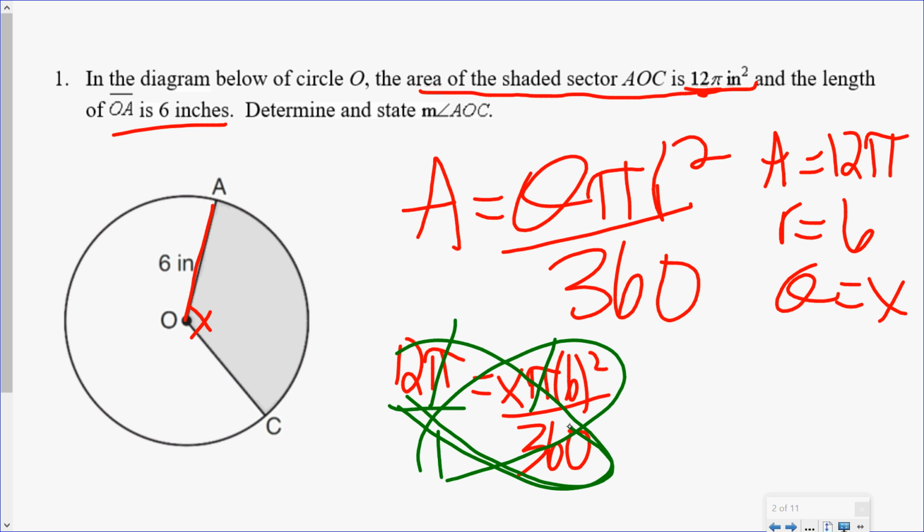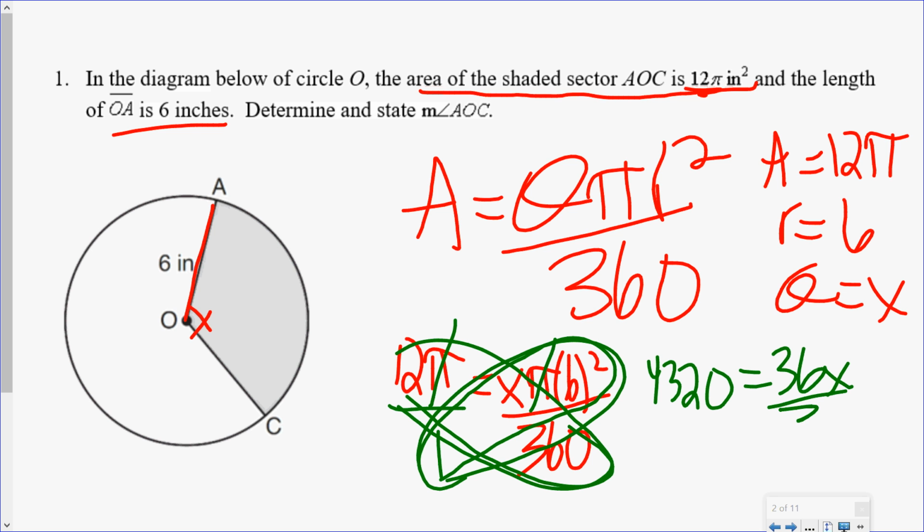I can use my calculator for that. 12 times 360 is 4320. 1 times x times 6 squared is 36x. Divide by 36. I can use my calculator. 4320 divided by 36 is 120.